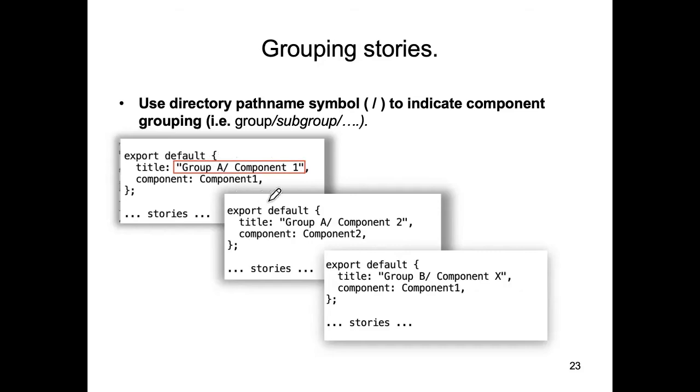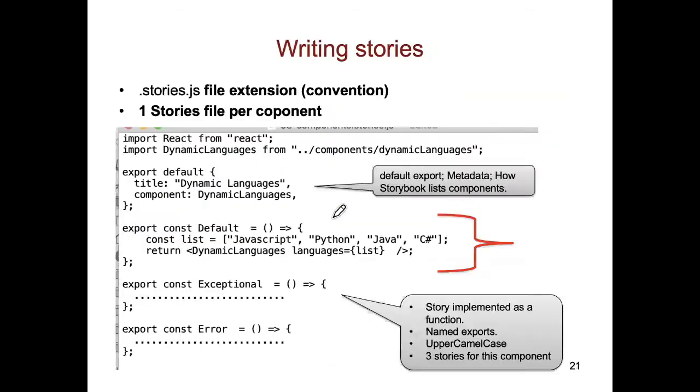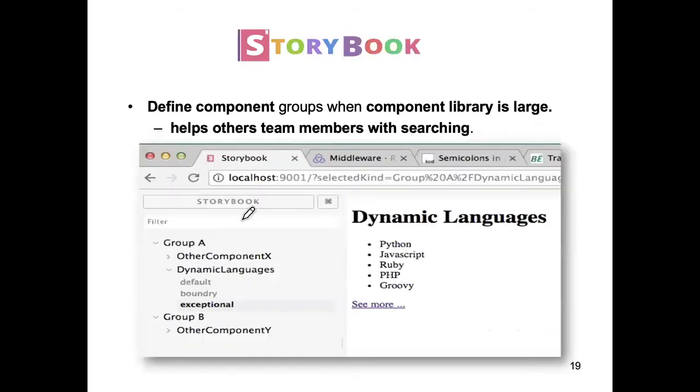So you can see I've got another excerpt from another component file here, and it also has group A / whatever the component is. So that slash there is significant. And you can actually have subgroupings and subgroupings. You would just keep on using the slash in this actual string. So that there, because there's a slash in it, that's what allows the Storybook server to, if I just go back, to come up with this sort of displaying of your list of components in the Storybook UI.